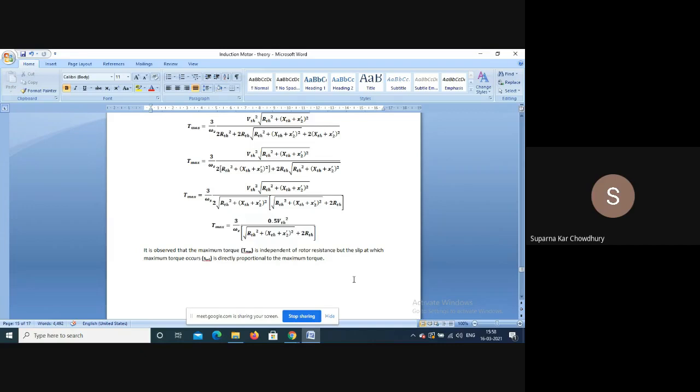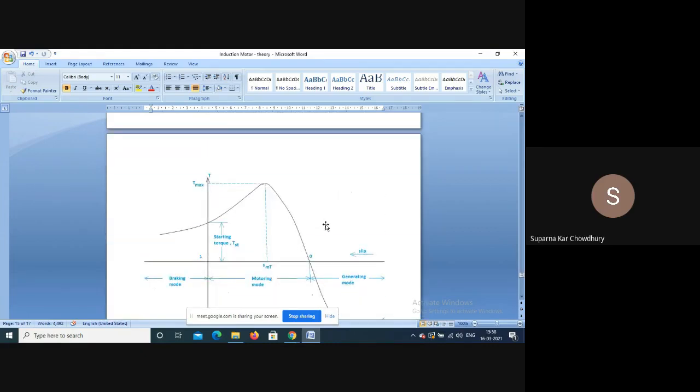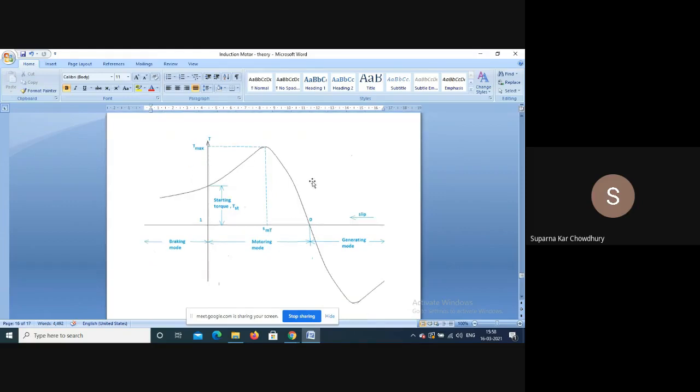So we have seen that the slip at which maximum torque occurs is directly proportional to the rotor resistance, but the value of the maximum torque, or the breakdown torque, is independent of the rotor resistance. If you now draw the torque slip characteristics, this is the starting torque, it is a positive value.